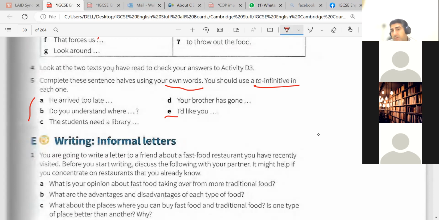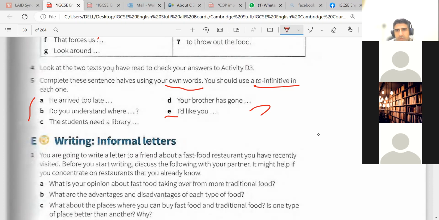He arrived too late, complete. The students need a library. Your brother has gone. I'd like you. Can you complete, please? You have 3 minutes to finish. Can you repeat again?